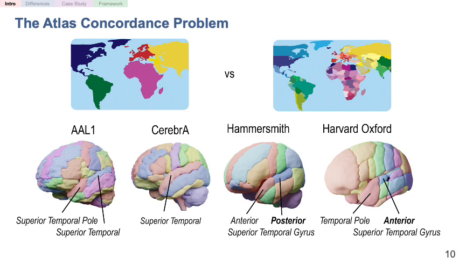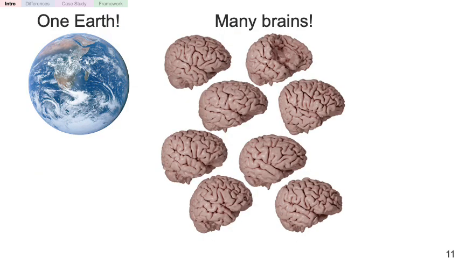We can call these regions anything we want. In the analogy of creating atlases of the world, where names can change but geographic labels essentially represent the same regions, this analogy falls apart in that, while there is one Earth, there are many brains. Essentially, we are trying to create one atlas of the brain that is conserved across all individuals and potentially across species.